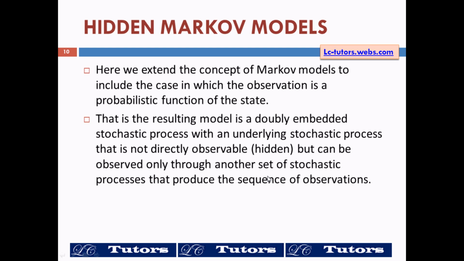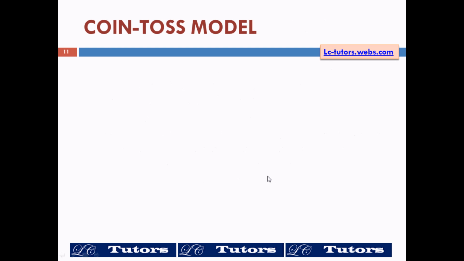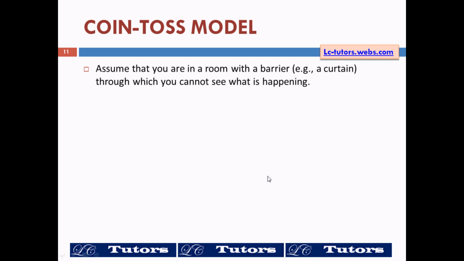Let's see how we are going to apply the hidden Markov model for speech. Let's see the theory of hidden Markov models, and then we redefine the coin toss model in a slightly different way. In this case, assume that you are in a room with a barrier, for example a curtain, through which you cannot see what is happening.